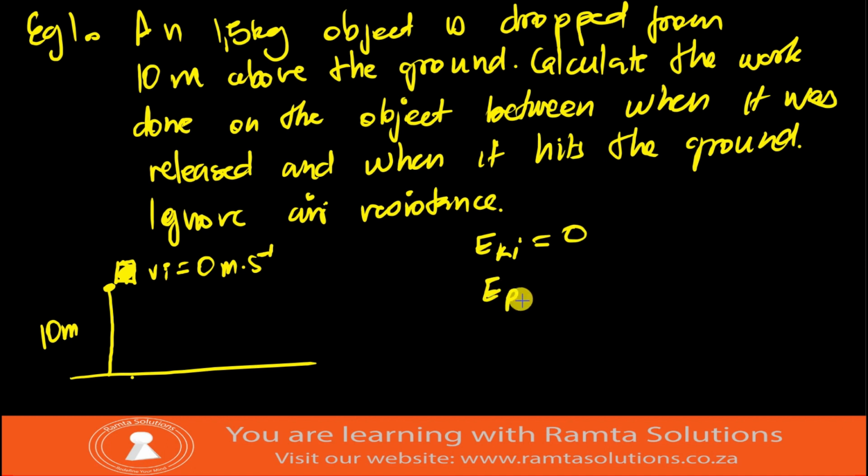However, EPi is mghi, which is 1.5 times 9.8 times 10 meters above the ground.